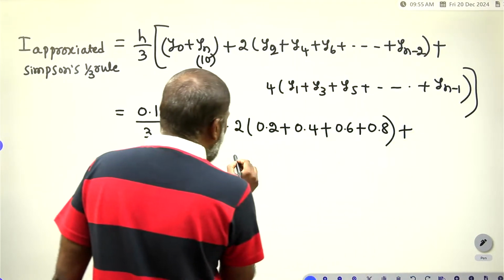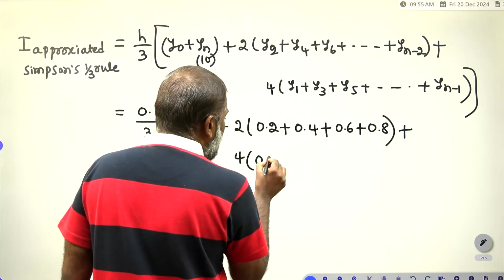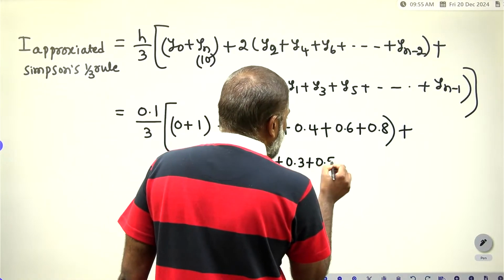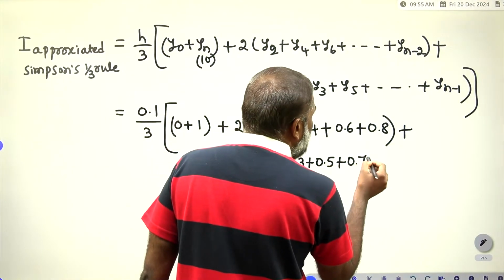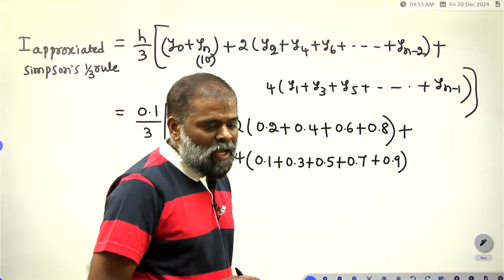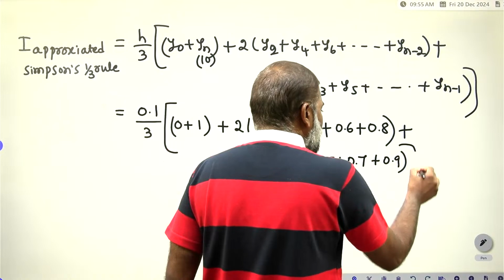Plus 4 into the odd terms 0.1, 0.3, 0.5, 0.7, 0.9.